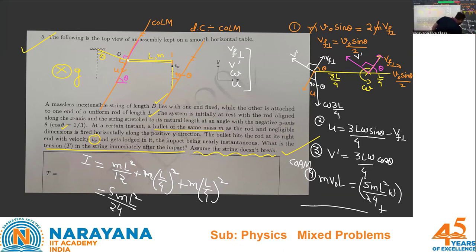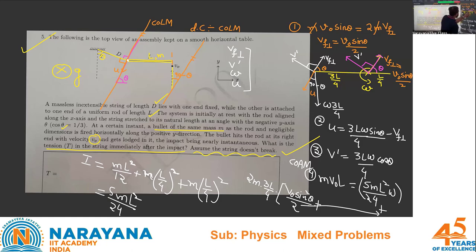In the RHS, I need to write one more term. What is that? That we have to be very careful about, because that will be 2m mass, lever arm 3L by 4, and the total components of both the people, which is normal. So basically, its sign. So V naught sine square theta divided by 2 plus the second term V prime.